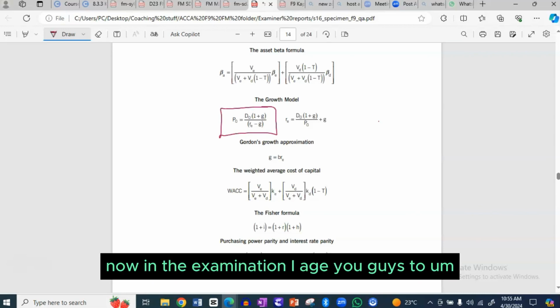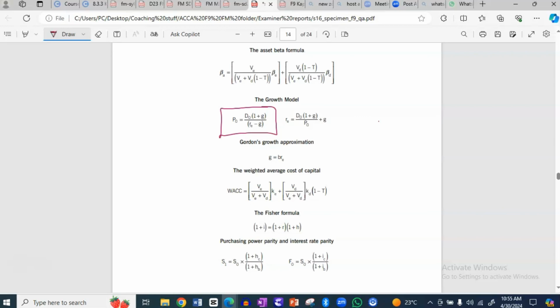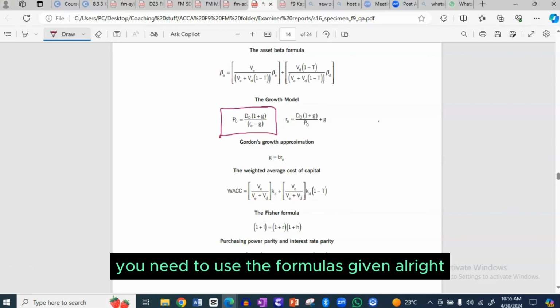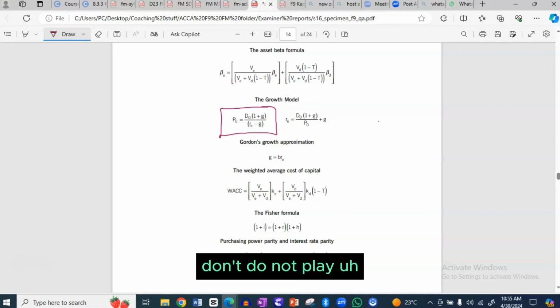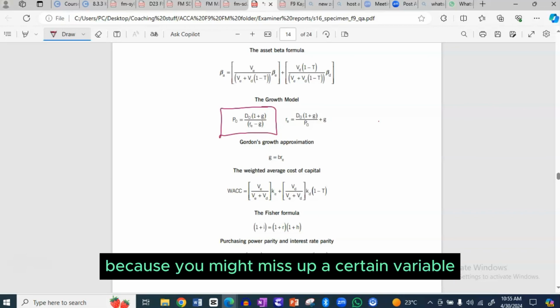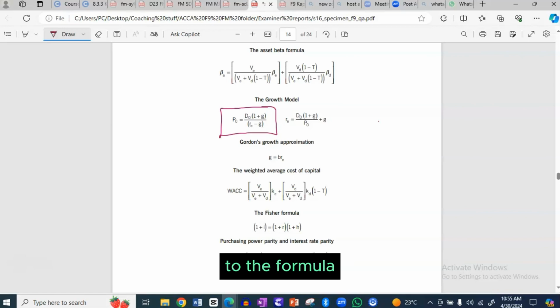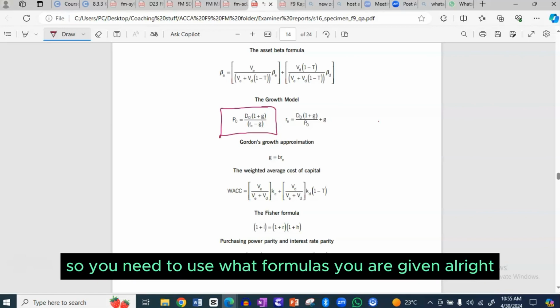Now, in the examination, I urge you to use the formulas given. Do not play clever before the examiners, because you might mess up a certain variable in the formula. So you need to use the formulas you are given.